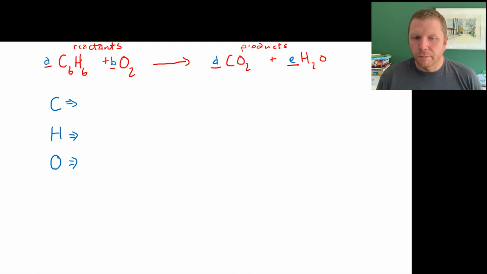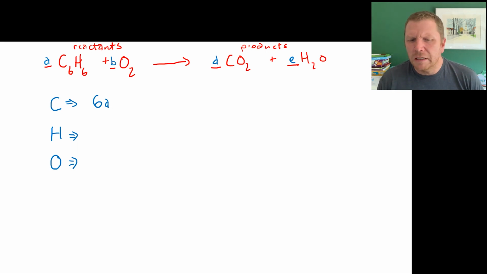My first equation is going to be centered around the A coefficient. I'm going to start that by writing 6A, because there are 6 carbons on the reactant side, in this molecule of C6H6. So A is my coefficient, and I'm going to use that right here, 6A, as the number of carbons present on the reactant side of my equation. Now my next reactant, O2, there are no carbons present there.